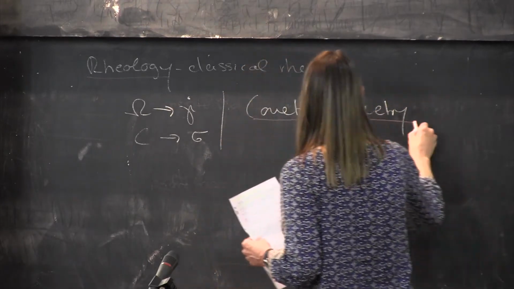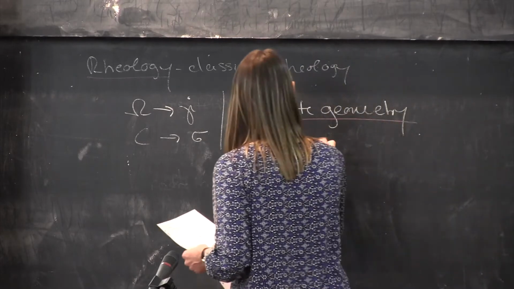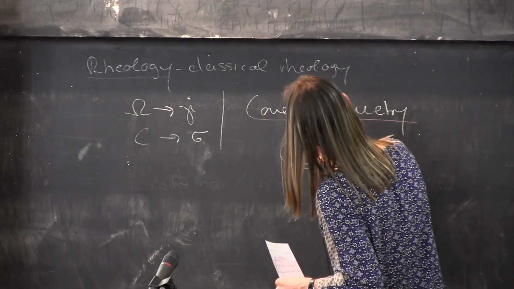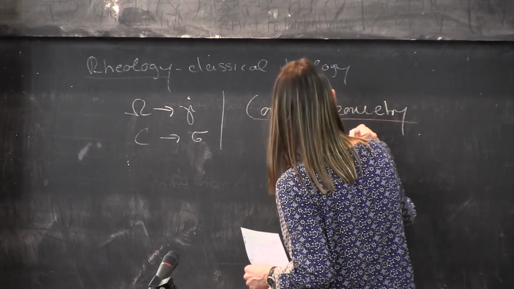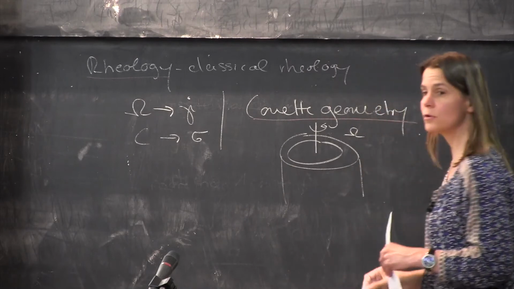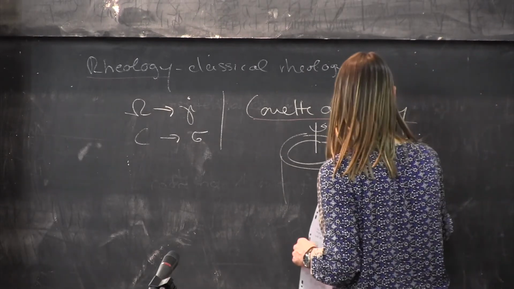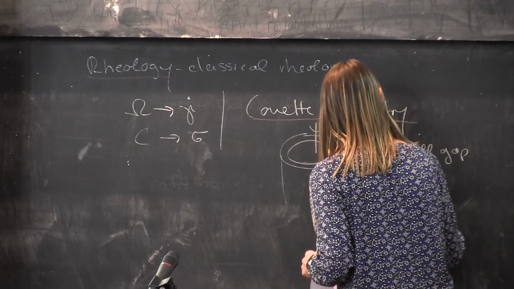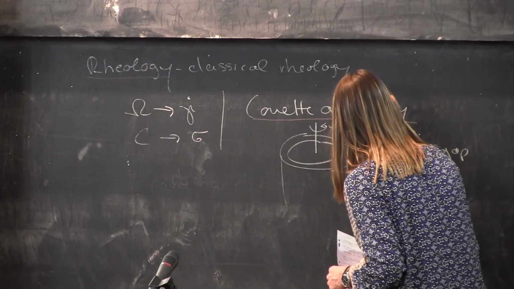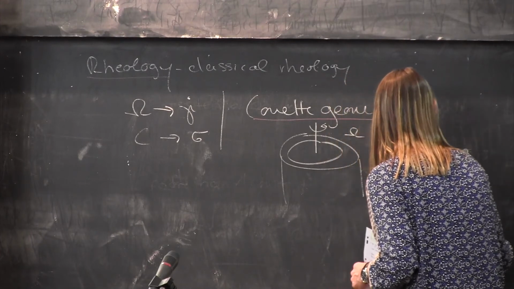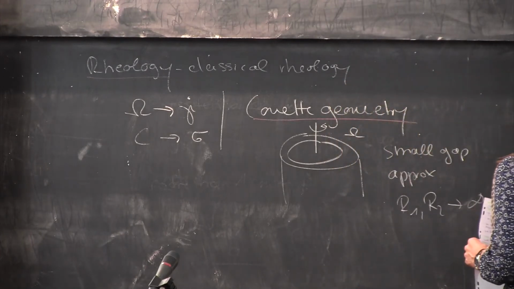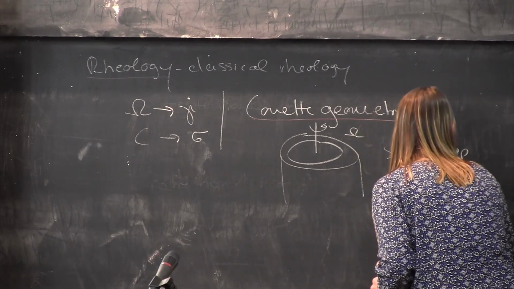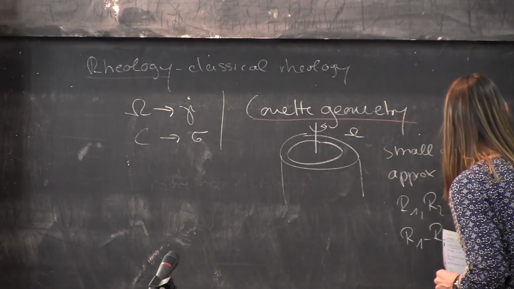As an example, the Couette geometry is an inner cylinder and an outer cylinder, and the inner cylinder turns with a certain rotation rate. We go to the limit where the gap is small, called the small gap approximation. This means the two radii go to infinity, and the difference between the two radii, often called d, is very small.